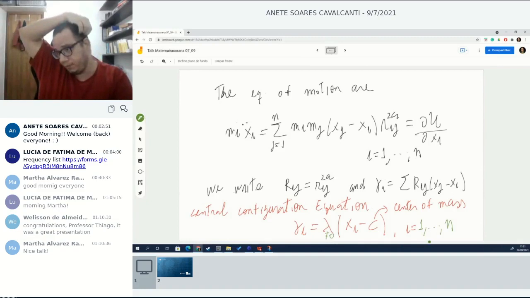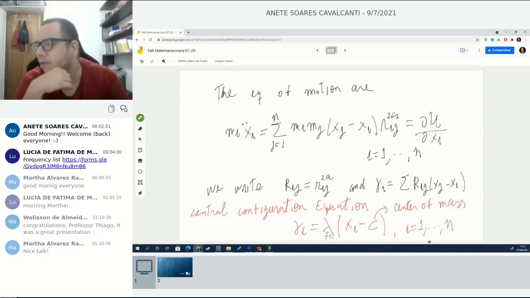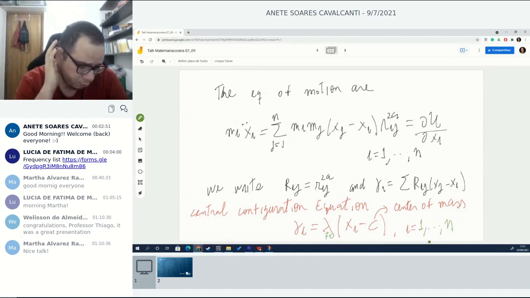Then this is the classical central configuration equation, and from the point of view of algebraic geometry, it's difficult to work with this equation. Then it is a problem to find a good set of polynomial equations if you want to work with algebraic geometry.